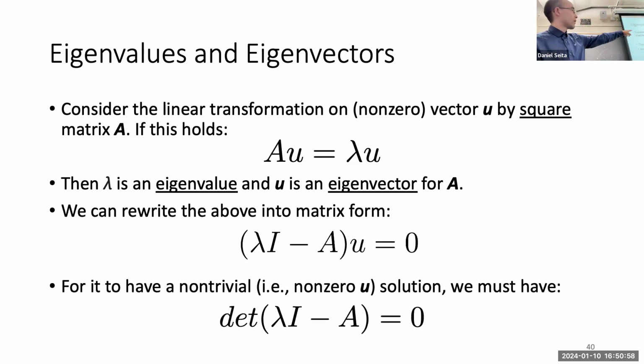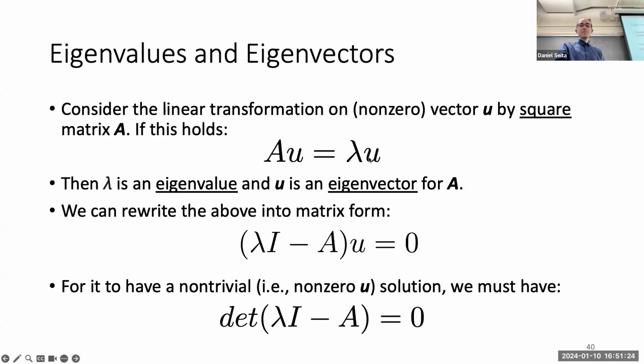And you can rewrite it. If you want to solve for lambda, this is one way you can do it. This is not how it's actually done in practice if you have a huge matrix, but if you're trying to algebraically compute it, these are the main steps. So you get this, right?